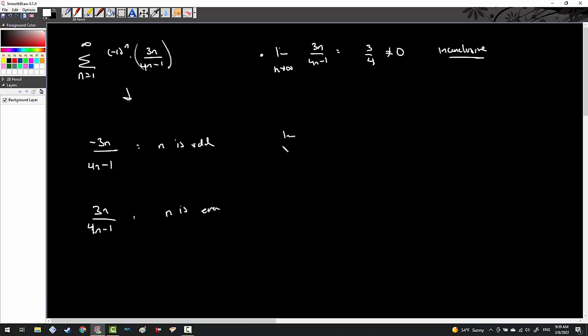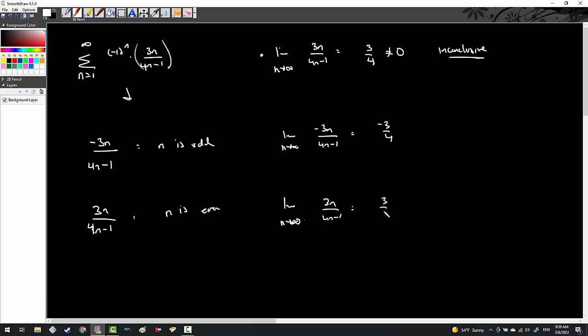So if I did the limit as n went to infinity of -3n over 4n minus 1, that would get me -3/4. And off the cuff here, if we were to do the divergence test on this thing, we would know this thing diverges. But let's see what happens as n goes to infinity of 3n over 4n minus 1.